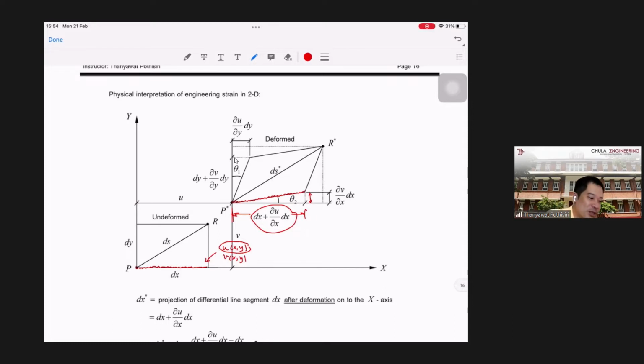So I should use this v function, right? Because it describes how your body is displaced in y direction. But this is the displacement of the length dx, so this term becomes del v by del x dx, okay?